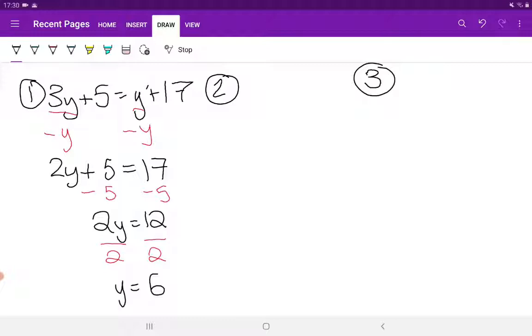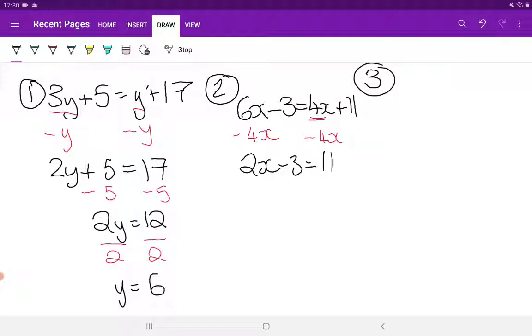Let's just do one more example of that just to check that we're okay. So if we had, say, 6x minus 3 equals 4x plus 11. Okay, which one's smaller? Your 4x is smaller, so we're going to take that away from both sides. That's going to give us 2x minus 3 equals 11.